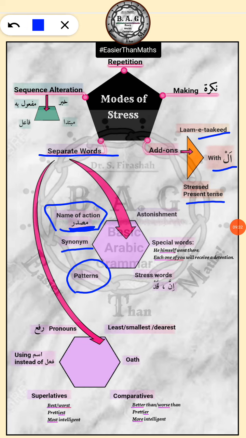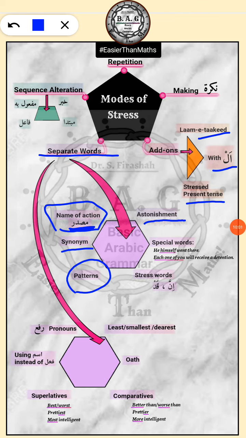Next, there are some huruf or words that are used to show the person's astonishment. For example, we have the words wow, or superb, incredible, spectacular, and all these things. So these are some words that show astonishment. So you could say that they kind of put some kind of stress.